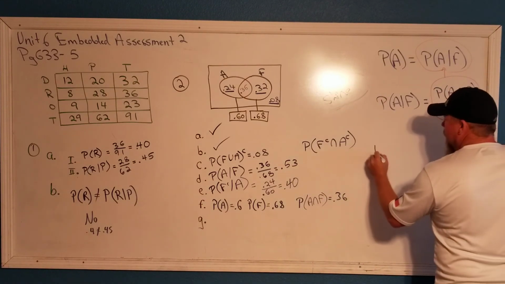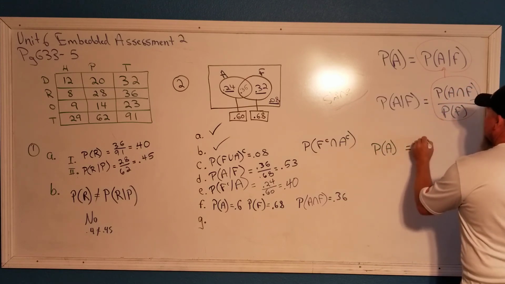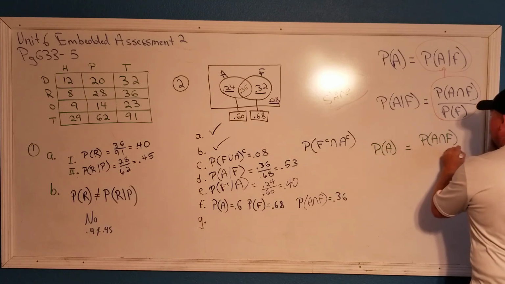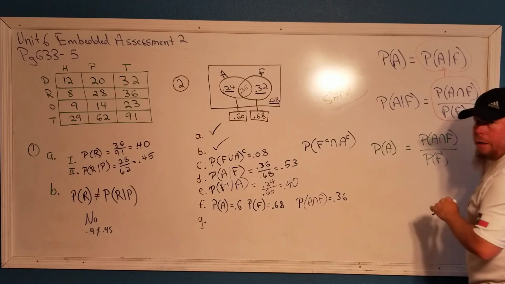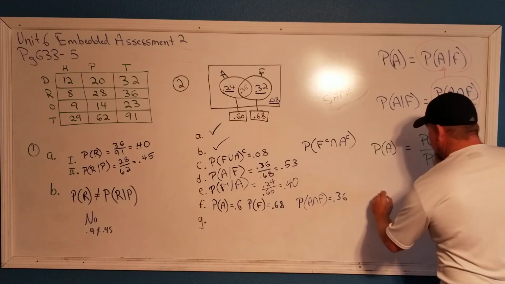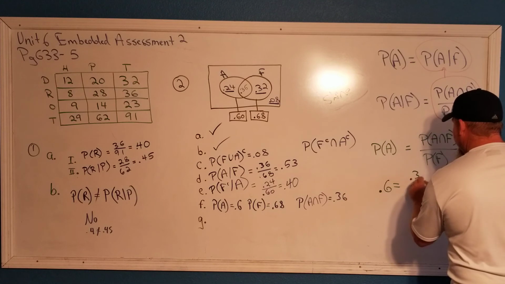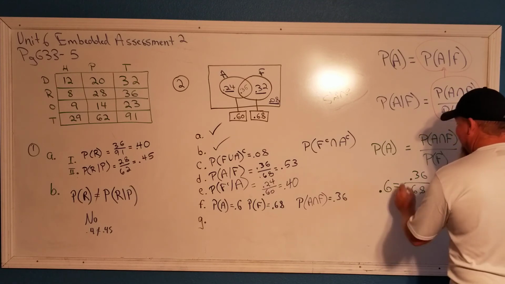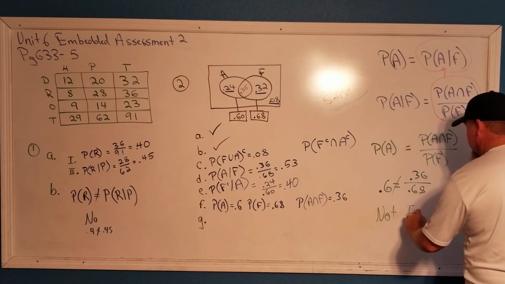So theoretically, P of A versus P of A and F over P of F. If that's true, they're independent. Let's plug in the values and see whether or not it's true. So P of A is 0.6 equals 0.36 over 0.68. That is not true, so not independent.